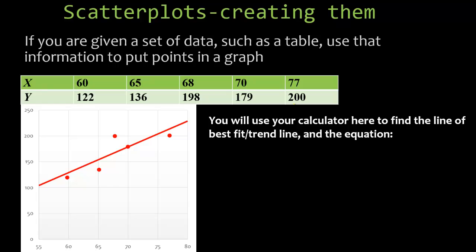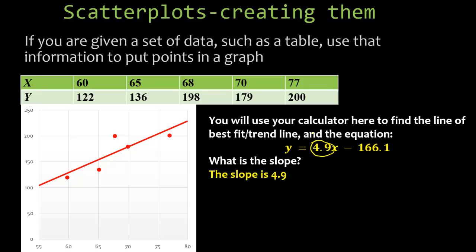Okay, and you can also get the equation y equals 4.9x minus 166.1, which is actually rounded because there were numbers all the way up to the thousandth place, but we're going to just stick with the tenth. And we want to know what the slope is. Well, you've got your equation, so this is your slope right here. Okay, so your slope is 4.9. What does it mean in the context of the graph?